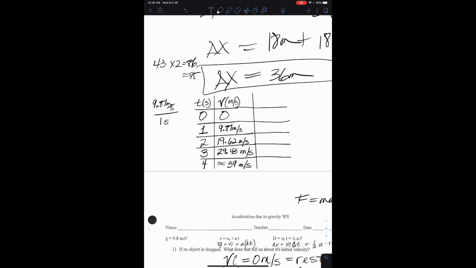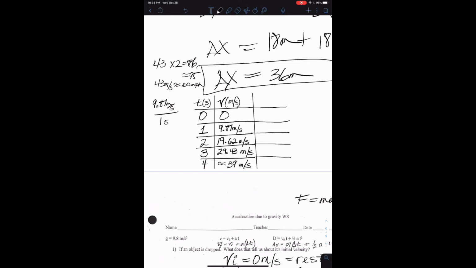It turns out 43 meters per second is approximately 100 miles per hour. So this idea of doubling 43 to get 86, adding 9 to get 95 is not too far off. So it's not a bad thing to do if you need a shortcut there, right?